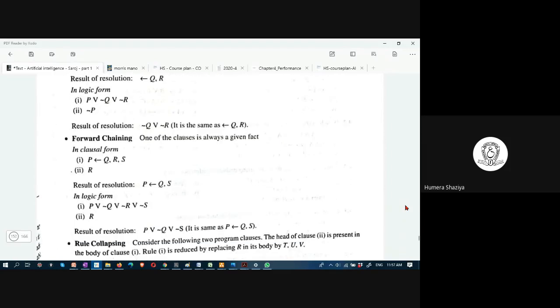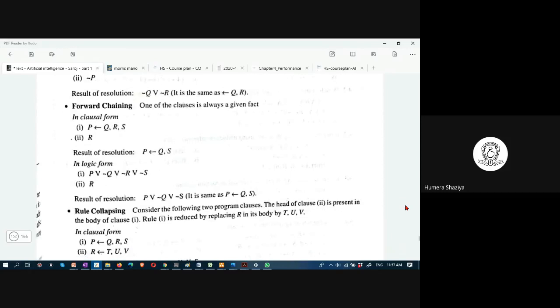And forward chaining, we start with one of the clauses being a fact, in this clausal form. This P is implied by QRS and there is R. R is a fact.